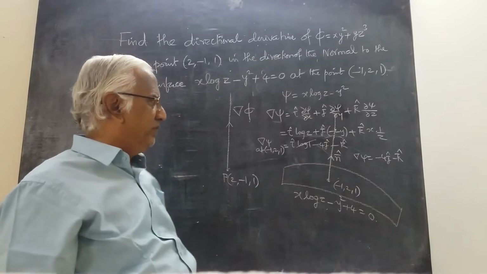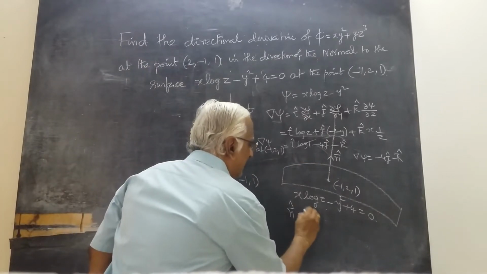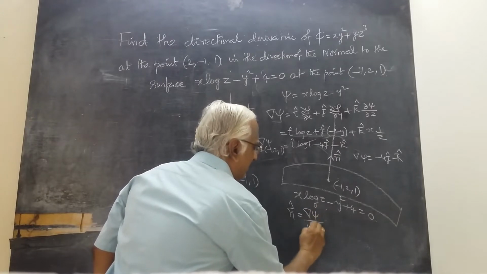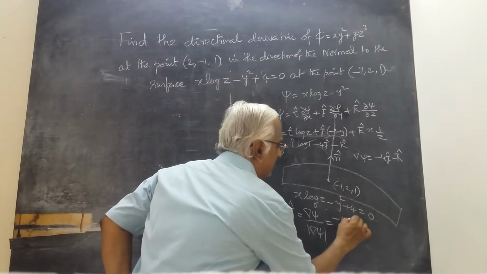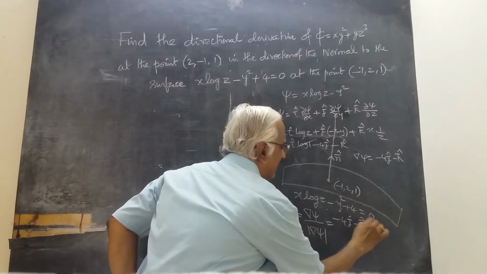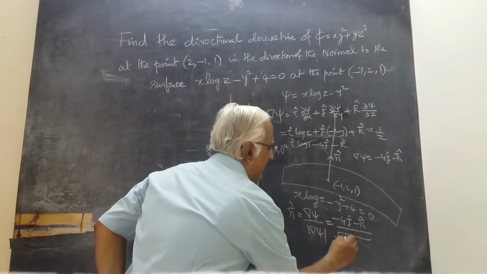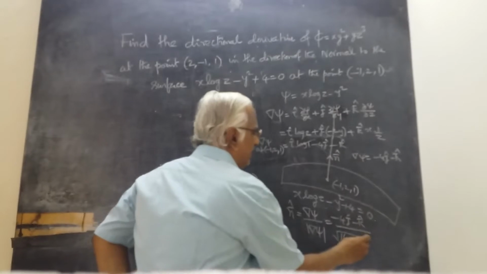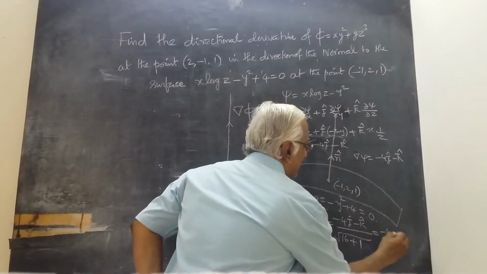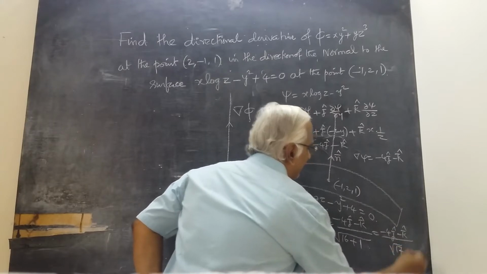Del psi is the normal vector. You want the unit normal, which means del psi divided by its modulus. The modulus is root of 16 plus 1. So the unit normal is (-4j minus k) divided by root 17.